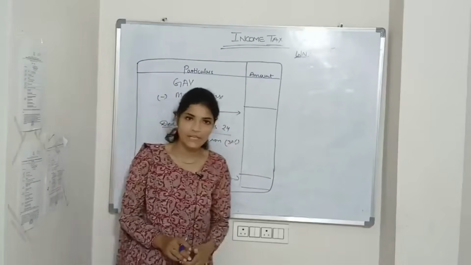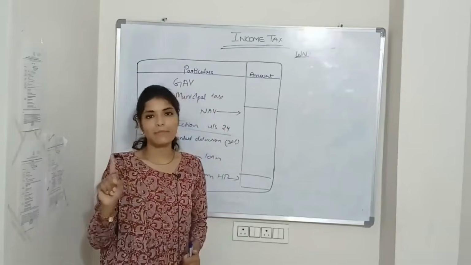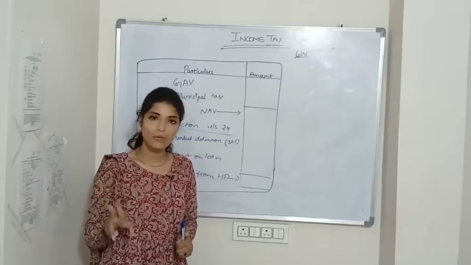And the working notes for GAV, as you already know from the introduction part: step number 1, MRV and FRV, whatever is the highest amount we will call the notional rent.